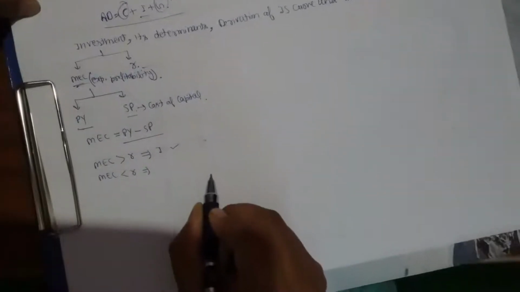If it is less than the rate of interest, then investment will not be made. If it is equal to the rate of interest, there will be a break even point.